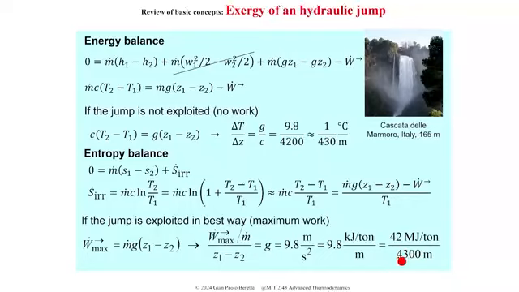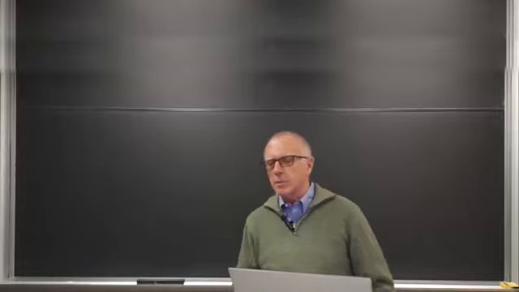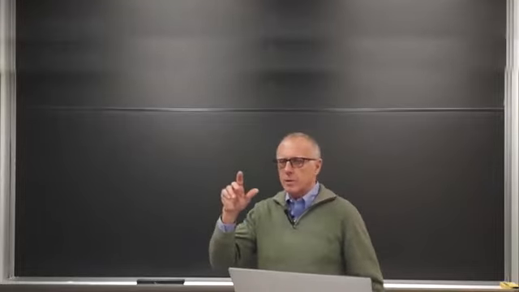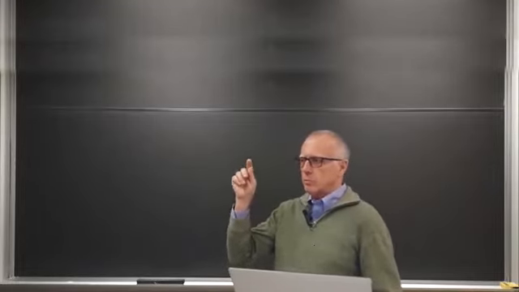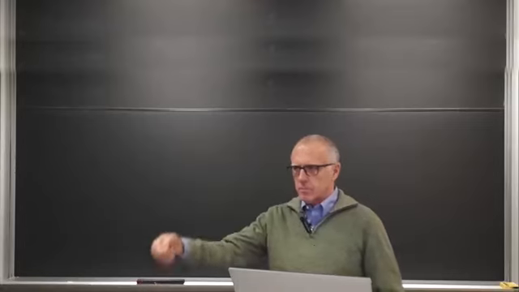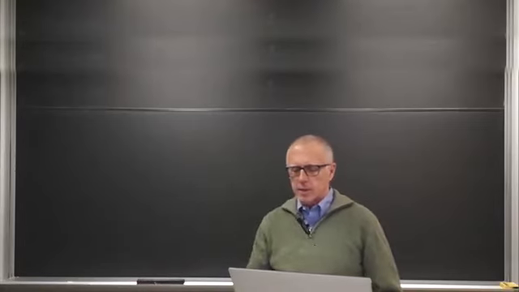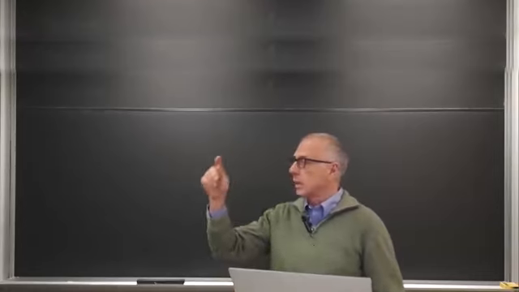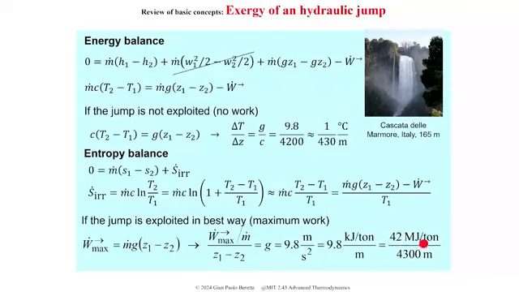Now, 4.3 kilometers is about the height of the tallest mountain in Europe, Mont Blanc. So this means that if you take a ton of water and pull it down from the top of Mont Blanc to sea level, you get 42 megajoules. And 42 megajoules is an interesting number because it is the heating power of 1 kilogram of oil.